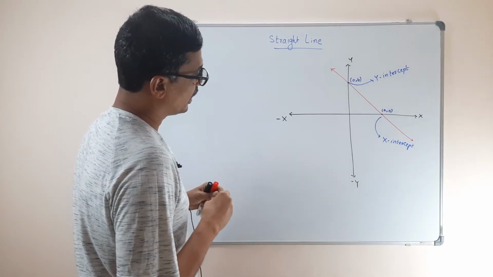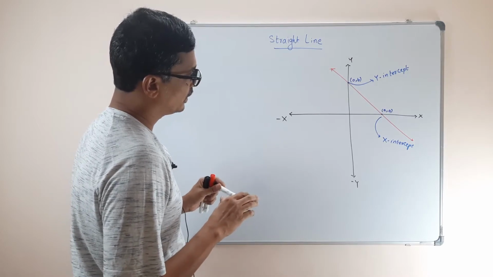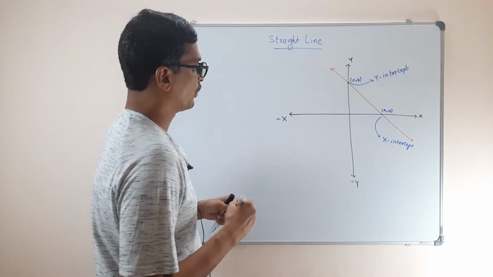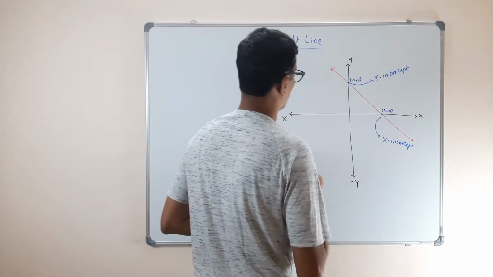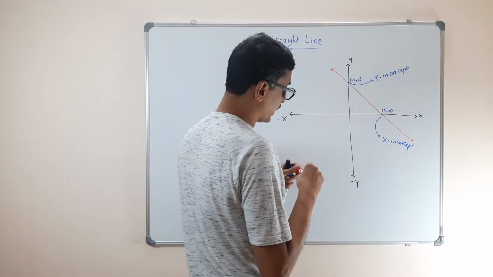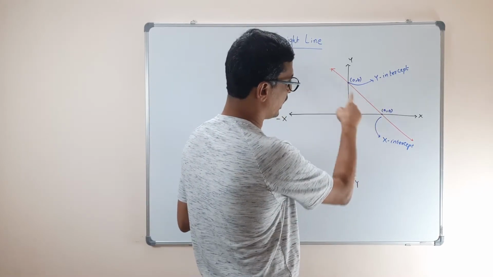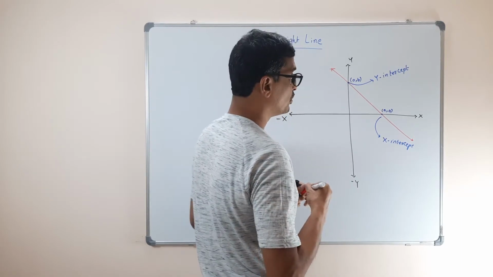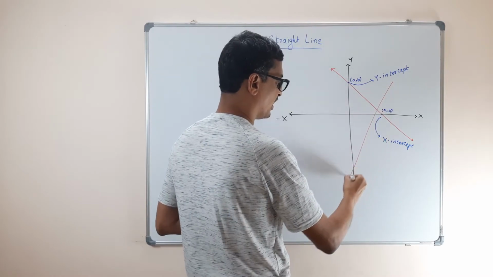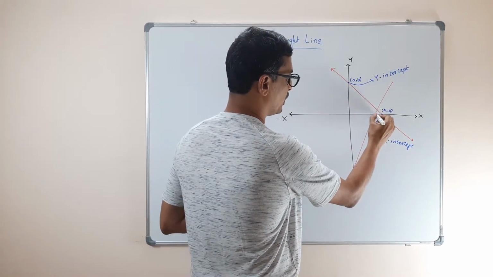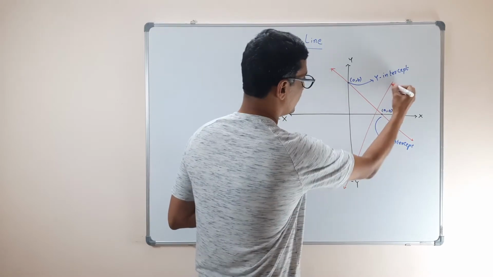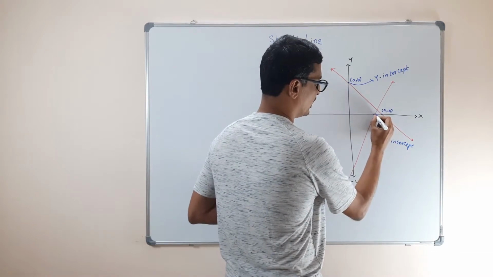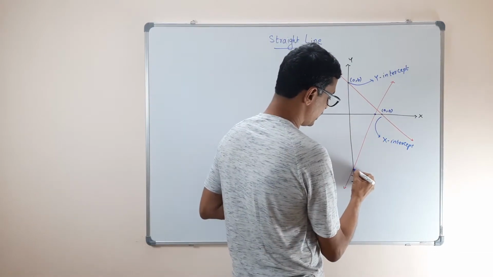So now let me draw another line. In this case, your x-intercept and y-intercept are positive, right? This is A and this is B. Can your intercept be negative also? If you draw like this, the x-intercept is positive and the y-intercept is negative.